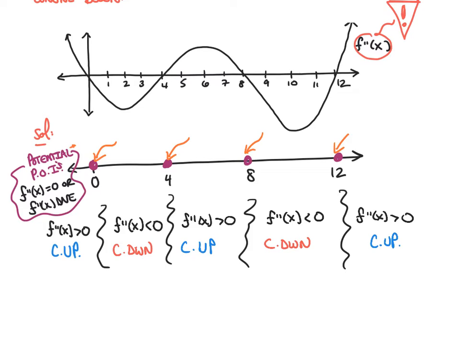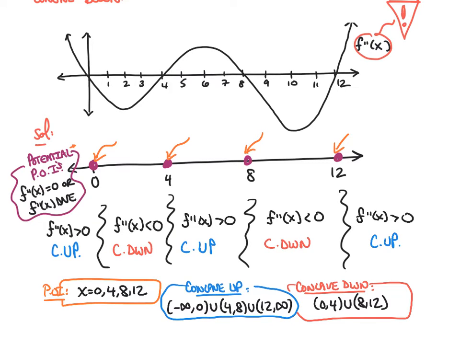These are my potential points of inflection, but I can now actually say that those are all points of inflection because there's a change of concavity happening at each and every one of them. And the last step is to express the intervals on which it's concave up and concave down, and I'm just basically condensing what I've described here to those intervals, and then same for the concave down.